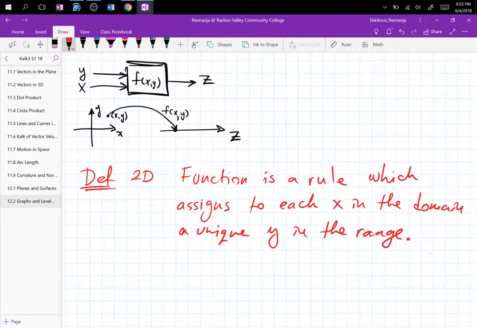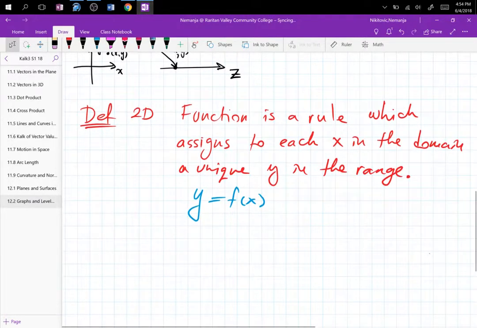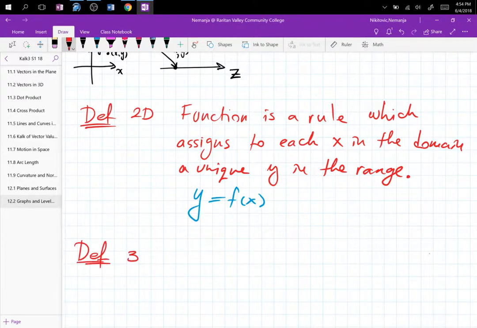And the notation for that, in blue, maybe y equals f of x. So that was the definition for 2D. Now we go to the definition for 3D. Maybe I should be using R2 and R3.